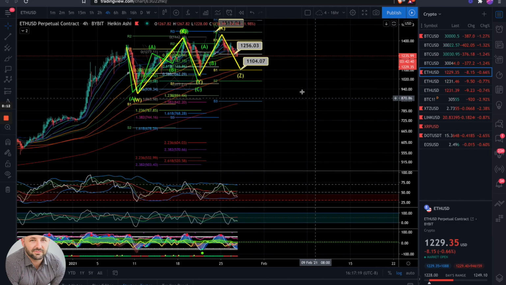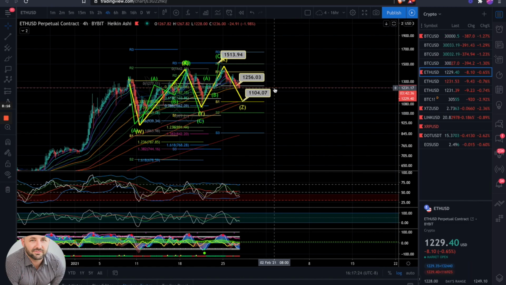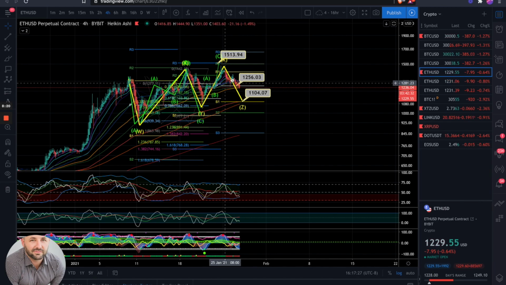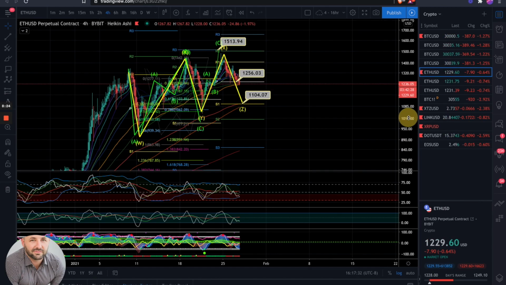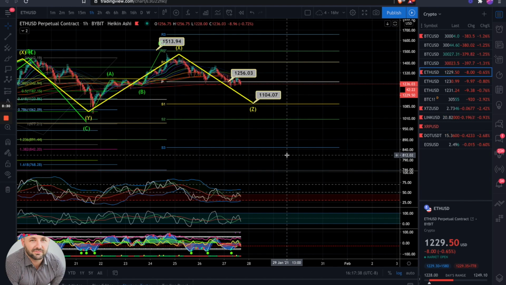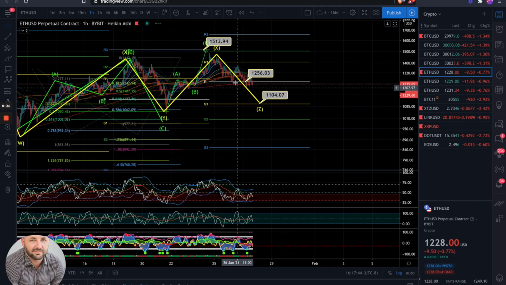ETH, we're looking at roughly the same thing. You can see from the last video, I was looking for us to come back down and retest the 1256, which we have. And we may get another little leg down to retest that EMA. Let's take a look at the 1 hour real quick. Yeah, I'm just trying to look at the wave structure here.